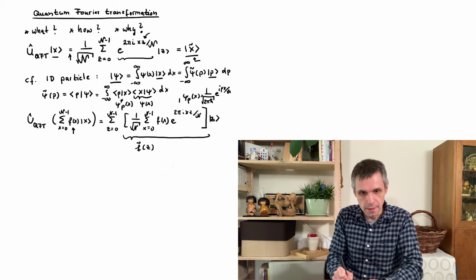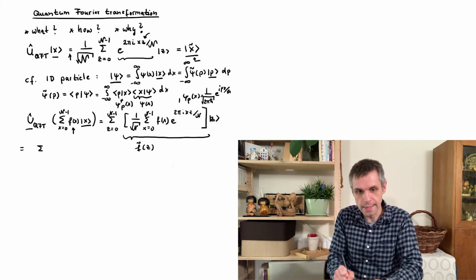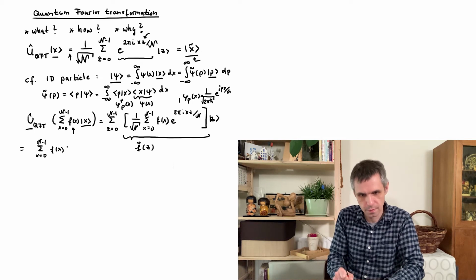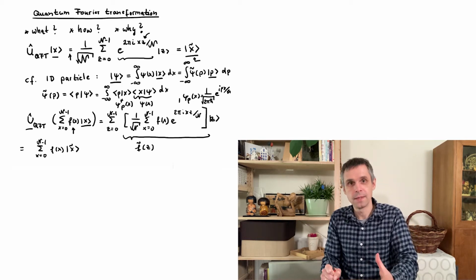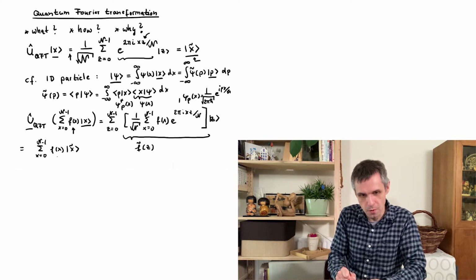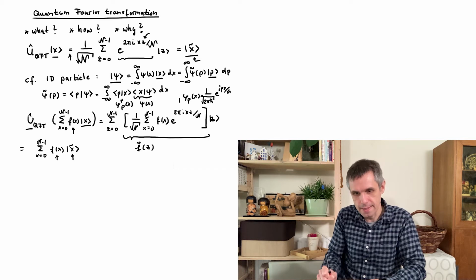And on the other hand, we can also write our original expression by just applying this Fourier transformation on the states x as this sum here. And now we have indeed written the same state in two different ways. Once in terms of this function here with these basis states, and once in terms of this function here with these basis states.